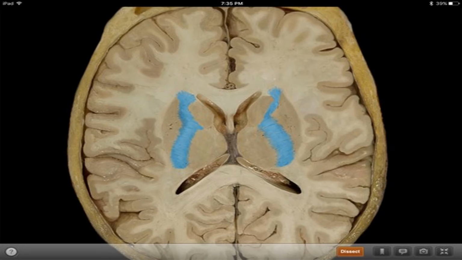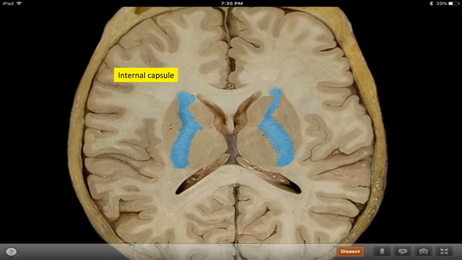Some people call them basal ganglia. This blue area has two limbs, an upper one and a lower one, and this blue structure is called the internal capsule. All fibers coming from the body going up to the cerebral cortex pass through this narrow space, and they go up to reach the cerebral cortex.